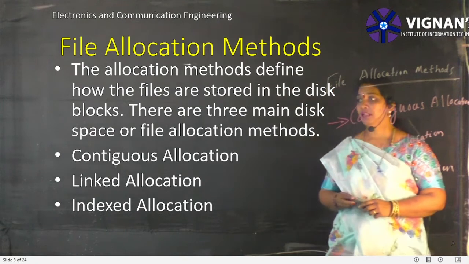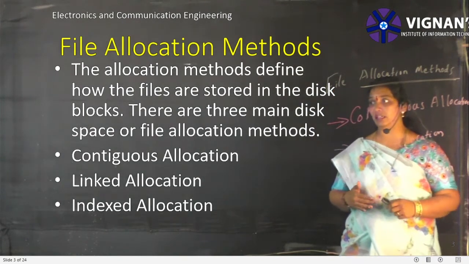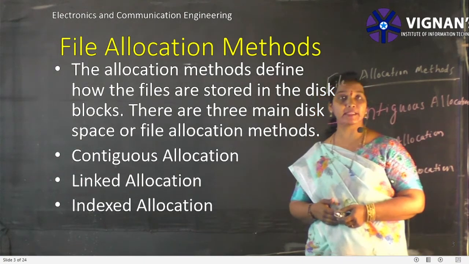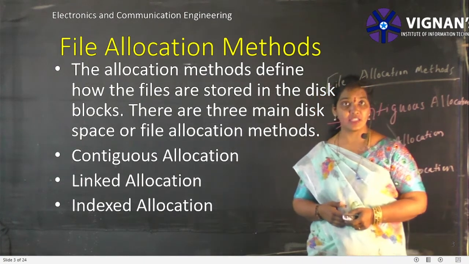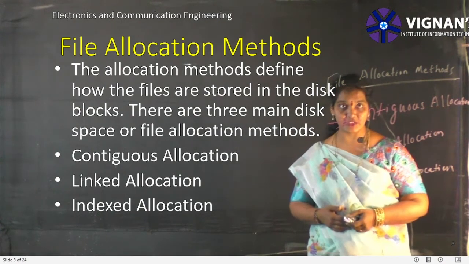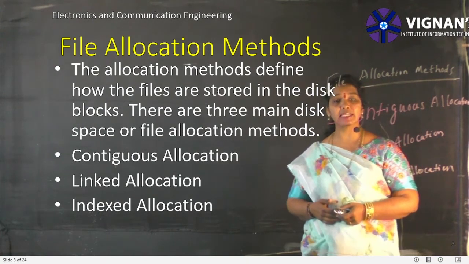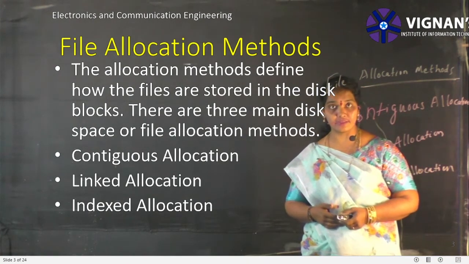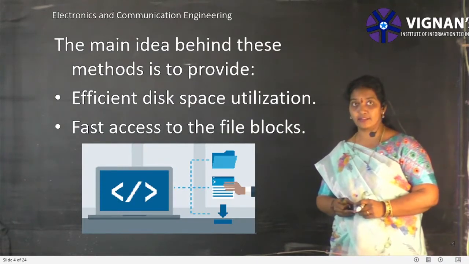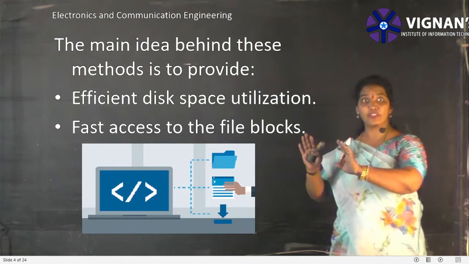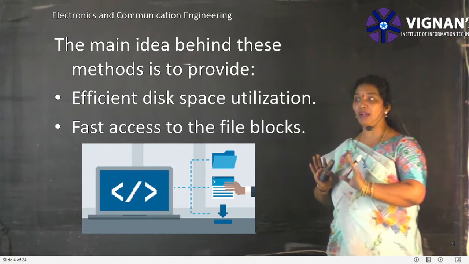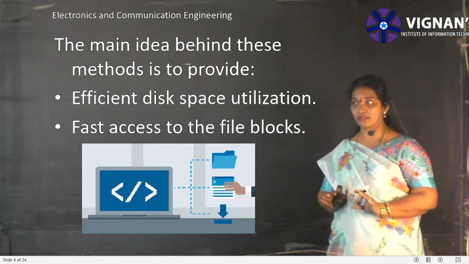So the allocation methods define how files are stored in the disk blocks, and there are 3 main types of file allocations. The first one is contiguous, or we can say continuous allocation. The second one is linked allocation, and the third one is indexed allocation. The main idea behind these methods is to provide efficient disk allocation and to have fast access to the file blocks.